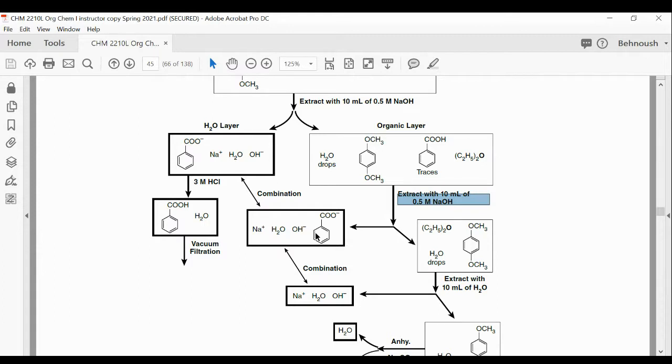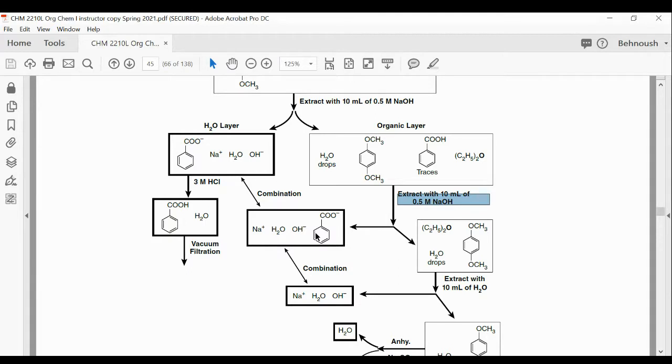You add the second portion of sodium hydroxide, it is going to remove 90% of the 10% that is left. That's basically 9%. Then you are going to remove a third portion. If you do the extraction 3 times, you take 90% of the 1% that is left, that is the 0.9%.